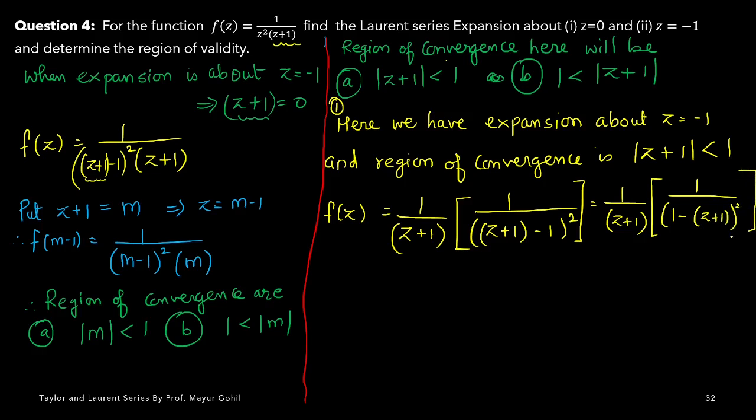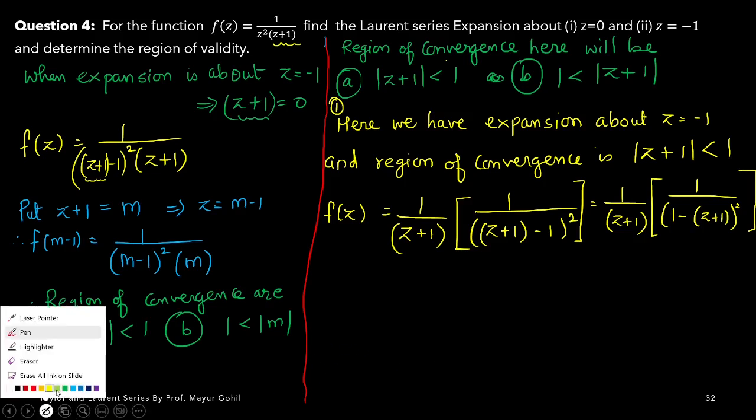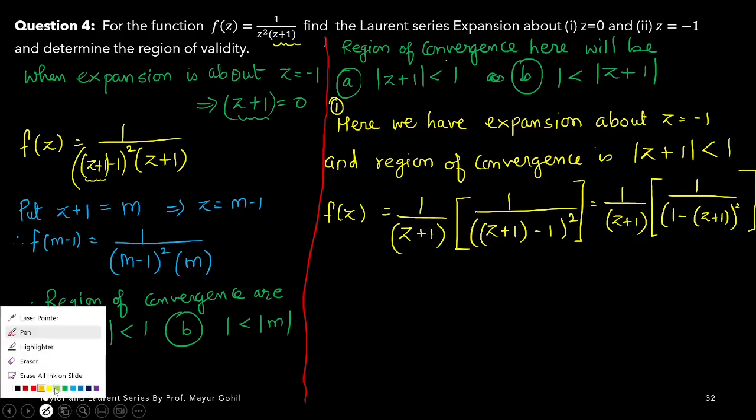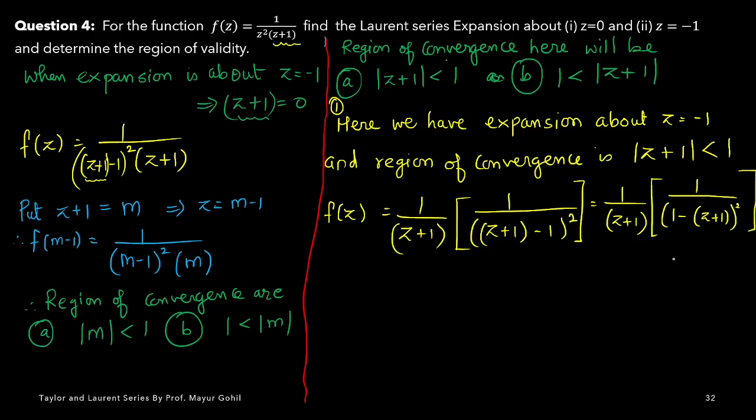Now see, we do not know the expansion of the whole square, but we can derive it. It is very easy. I'll derive the formula over here, which is very important. I'll call this equation capital A.